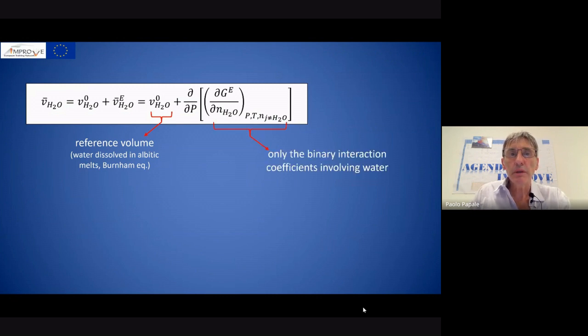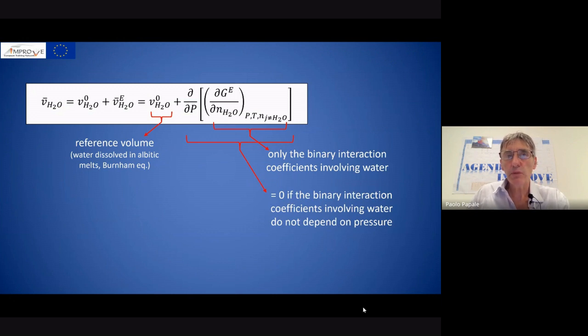The internal derivative is done by keeping constant the number of moles of all components except water. Therefore, it makes all the terms that do not involve water disappear. The pressure derivative is therefore applied to only the terms that involve dissolved water. If those terms do not involve any pressure dependence, then the whole excess term is zero.